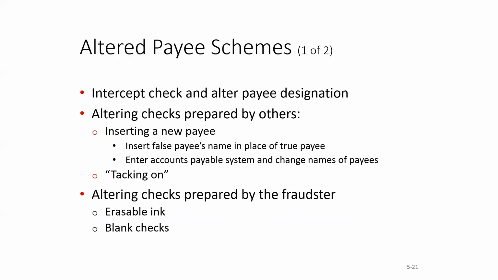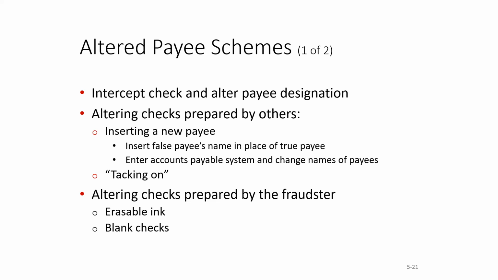The next scheme I want to talk about is altered payee schemes. So in an altered payee scheme, this is not changing the endorsement on the back, but changing who it's payable to on the front. So we could either insert a new payee, so adding a fake name in place of the true payee, entering the wrong person into the accounts payable system.